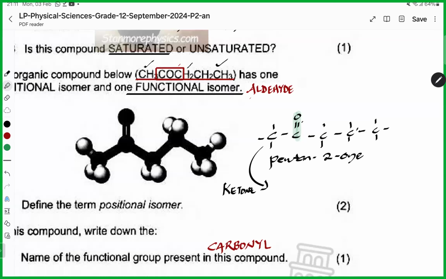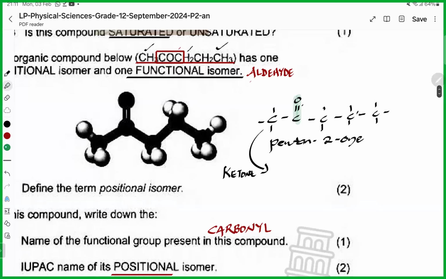At the moment, this functional group is on position 2. You can still keep it a ketone, but you can move it to one other position, which is the only other position you can move the carbonyl group to, and this still remains a ketone. Let me repeat that. I still want to draw a ketone, but I'm going to move the carbonyl group to another position.